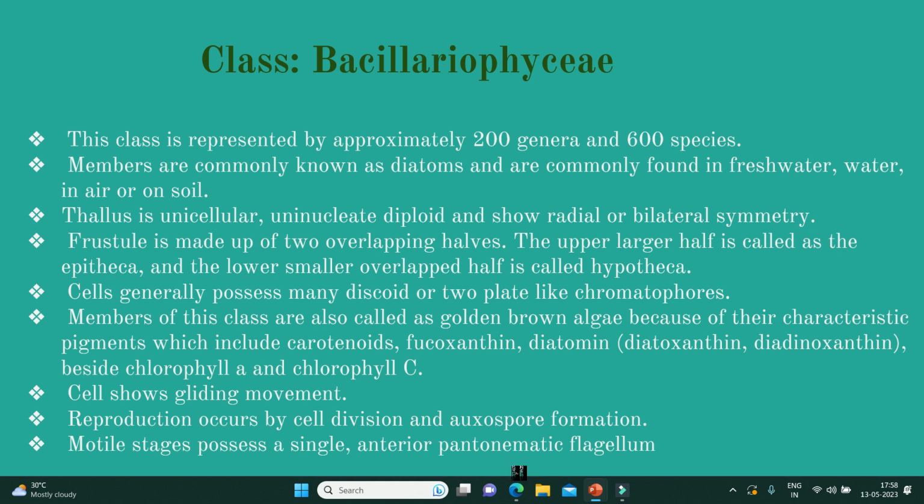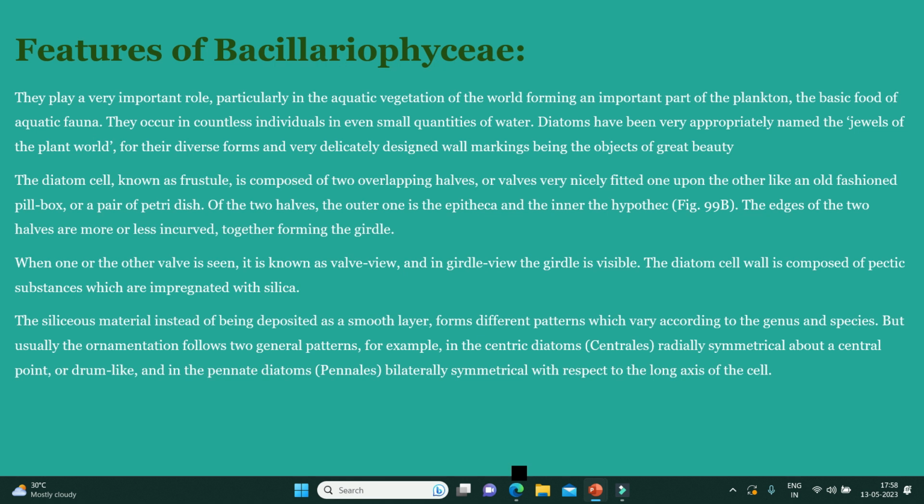Next, let us see some features of Bacillariophyceae. They play a very important role, particularly in the aquatic vegetation of the world, forming an important part of the plankton, the basic food of aquatic fauna.